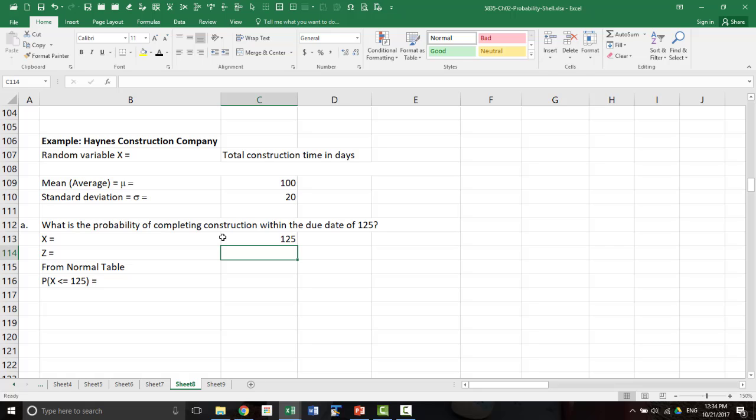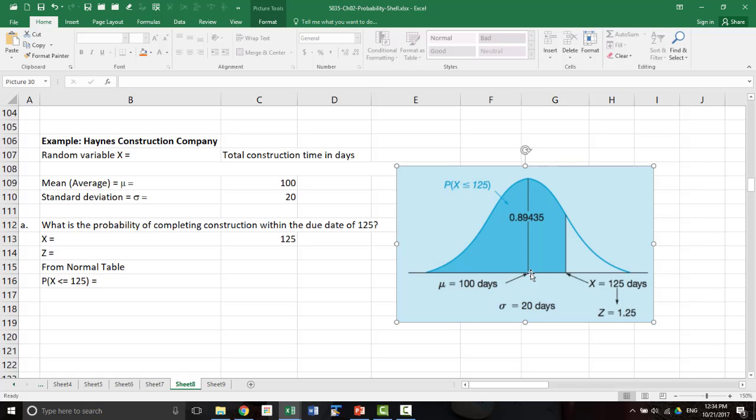We need a range of values for X, and then you will have positive probability. So what we want is: mean 100, standard deviation 20, and X equal to 125. We want this area. This area is the probability that X will be less than or equal to 125.